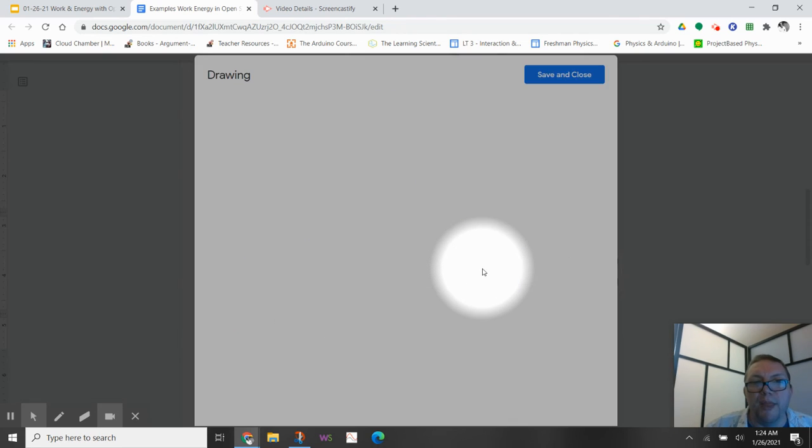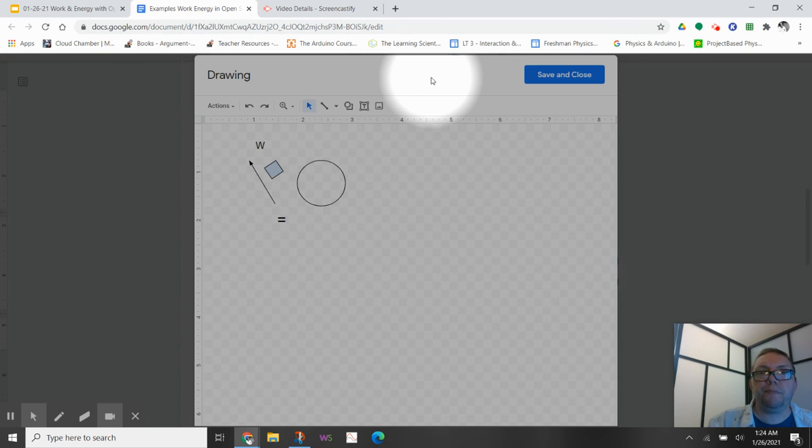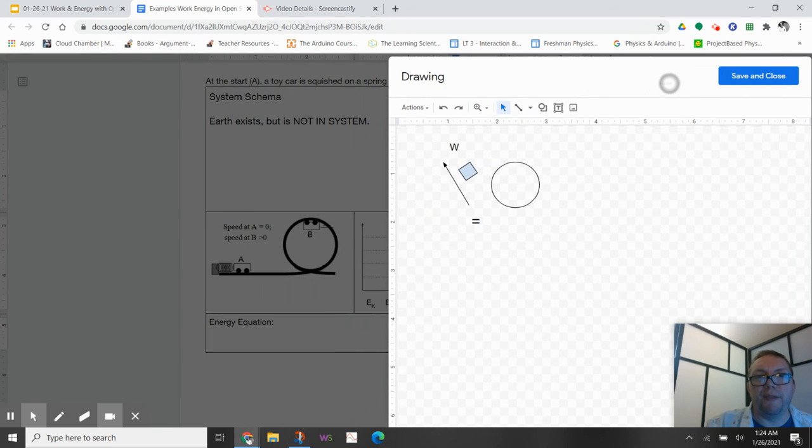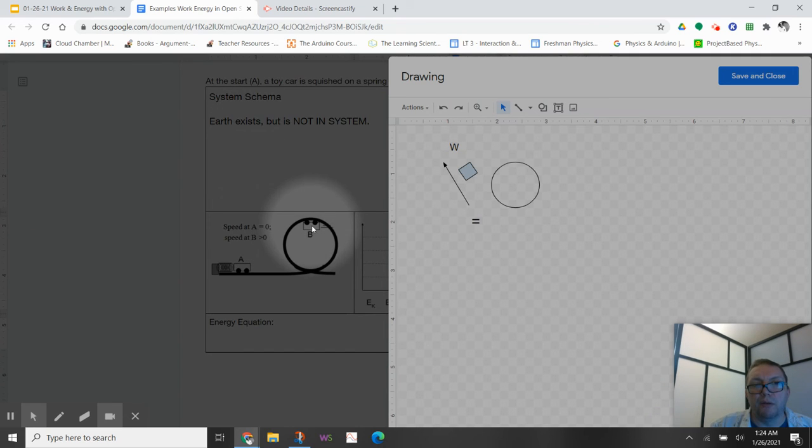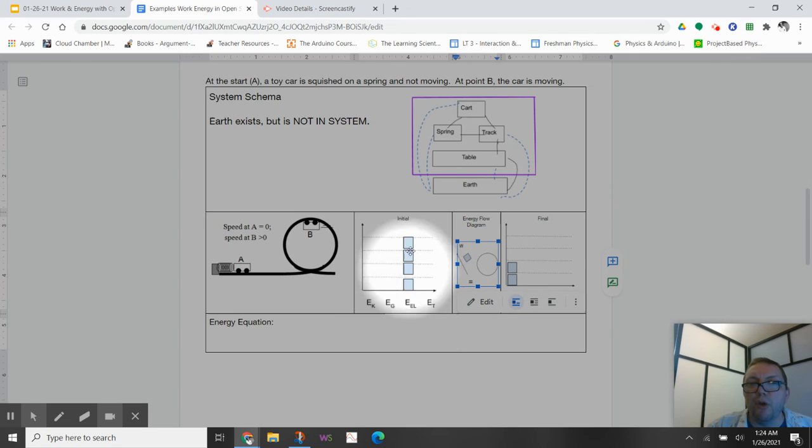So we'll open that up. And now, as we're looking at this, knowing that the Earth is outside of our system, we've gone from 4 bars of energy in the beginning to 2 bars of energy at the end.